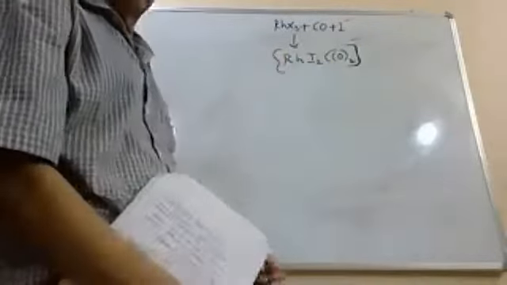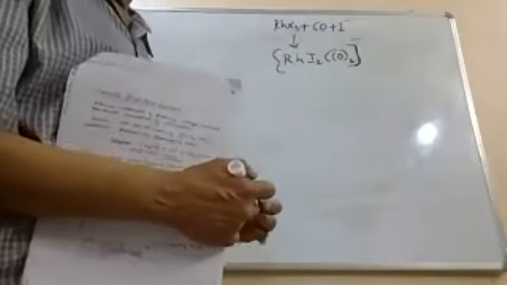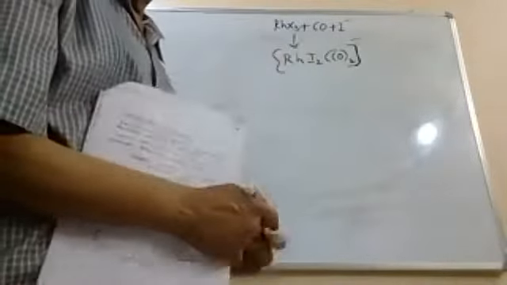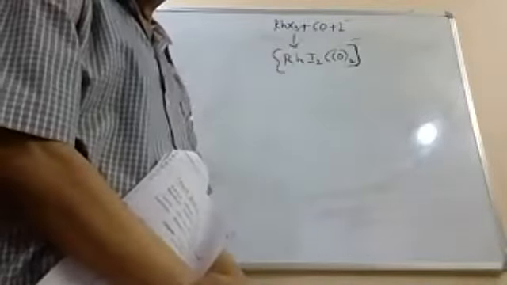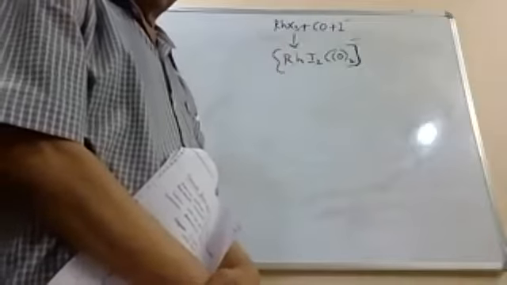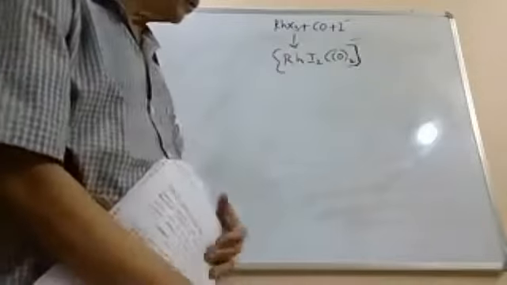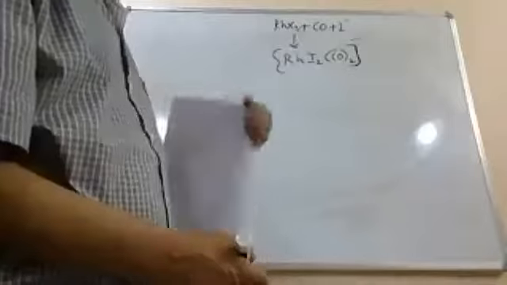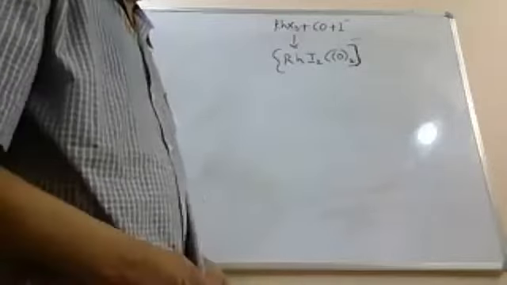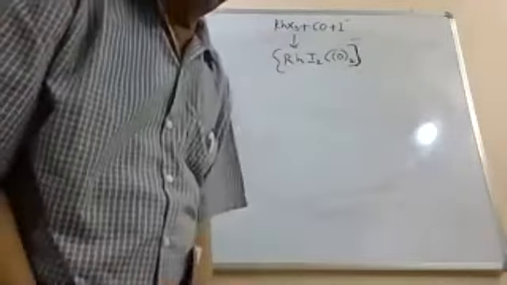What's the oxidation state of rhodium here, folks? Plus three. Is it +3 or +1? Oh, plus 1. Yeah, the CO doesn't contribute.